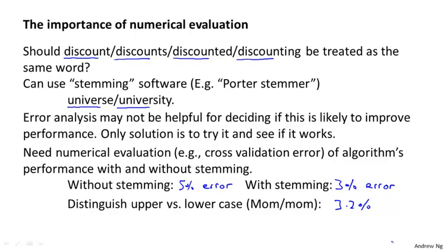But by having a single real number evaluation metric, you can then just look and see, did the error go up or go down? And you can use that to much more rapidly try out new ideas and almost right away tell if your new idea has improved or worsened the performance of the learning algorithm. And this will let you often make much faster progress.